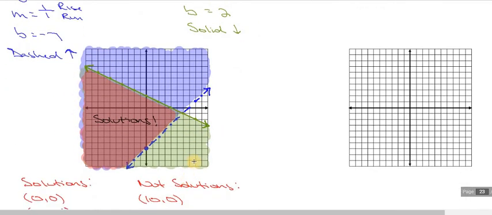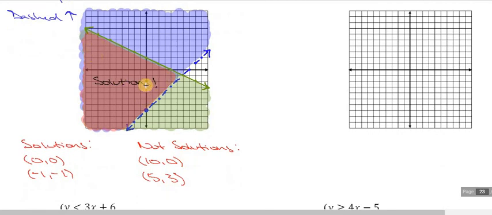The two regions intersect in this large triangular region on kind of the left-hand side here. Two ordered pairs that I selected for solutions would be 0, 0 and -1, -1. Not solutions, 10, 0, and I also picked 5, 3.